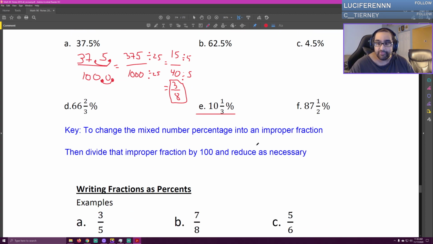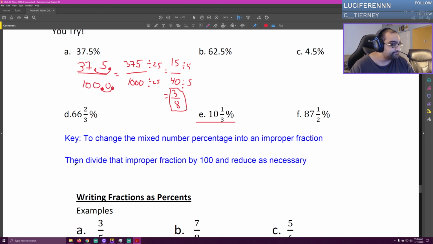Okay, now let's take a good look at these and see how this works out. Let's take 10 and a third. The reason I'm using 10 and a third is that it's not very hard to figure out, so I just want to show you how to do it easily.